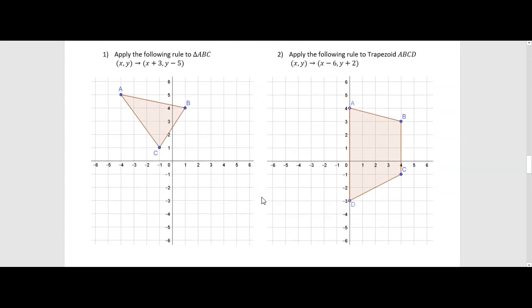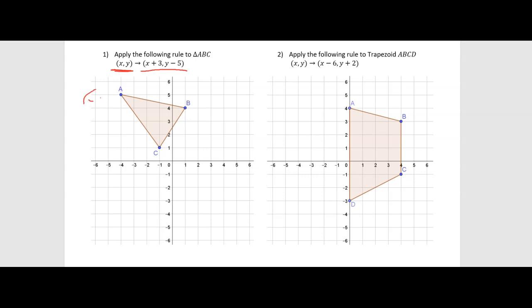It says apply the following rule to triangle ABC. And we need to think about how to read this. So we're going from a coordinate, and then we're adding 3 to the x value, and we're subtracting 5 from the y value. So there are a couple of different ways you can do this. You can write out the coordinates.